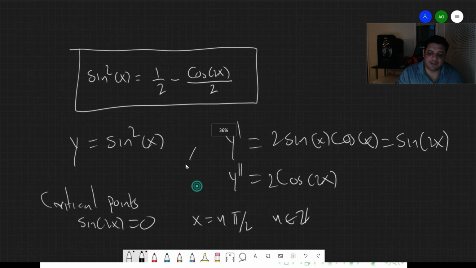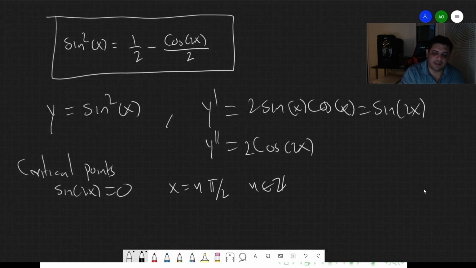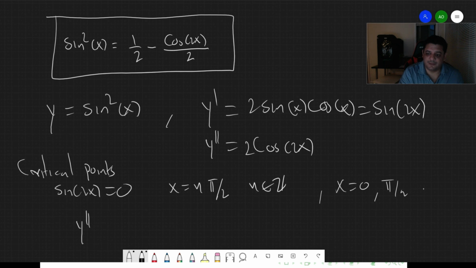Then after that, what we do is we check what happens with y double prime. So it obviously is going to depend on what n is. For example, this is going to include x equals 0, x equals pi half, x equals pi.